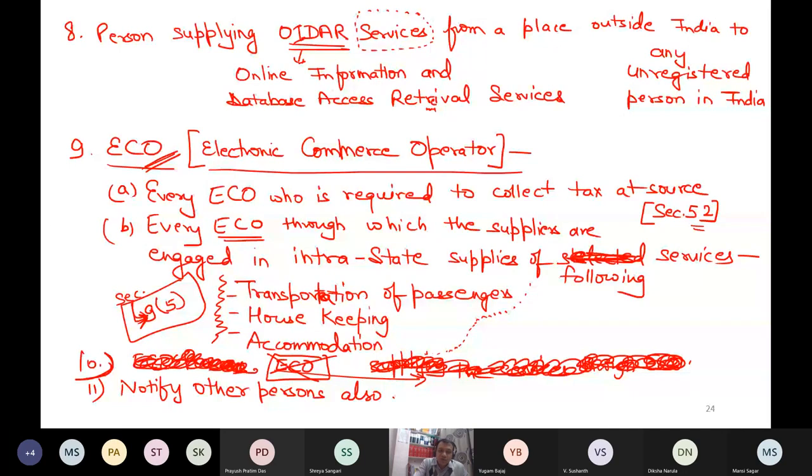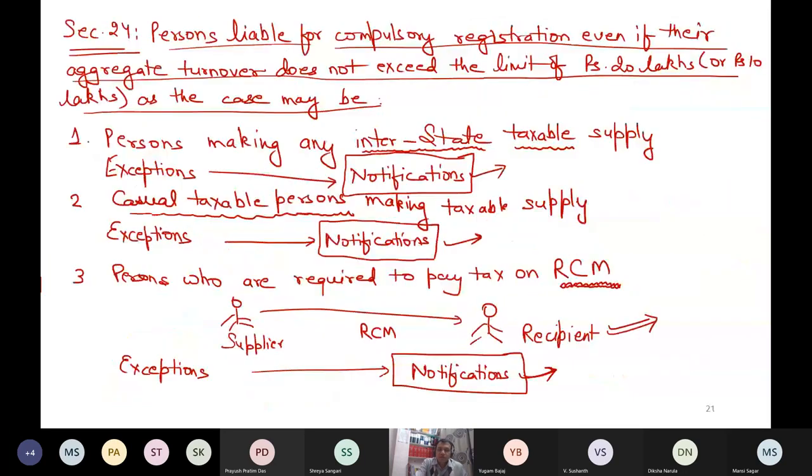Like when I am teaching you section 24, where these are the people who are compulsorily liable for registration, I am taking the help of section 23 also in some cases where they are not liable for compulsory registration. So 24 cannot be read in isolation. I have to take the help of section 23. Section 23 is also over, but those notifications which will be used here, that I will discuss with you in the next class.